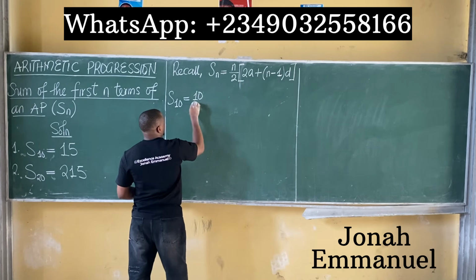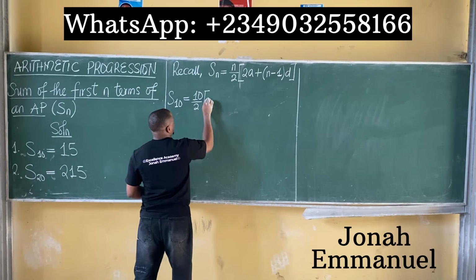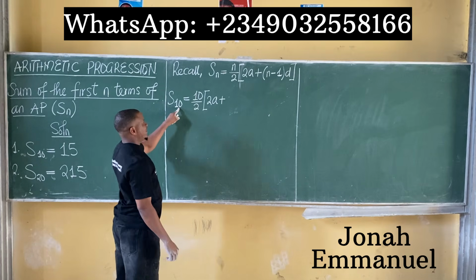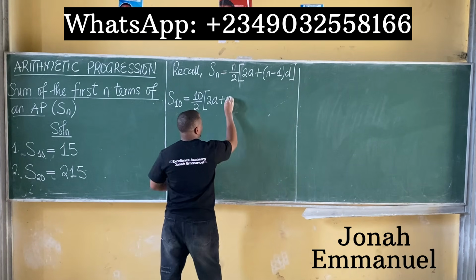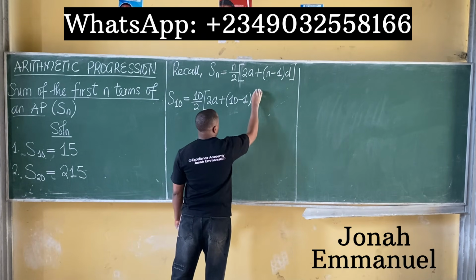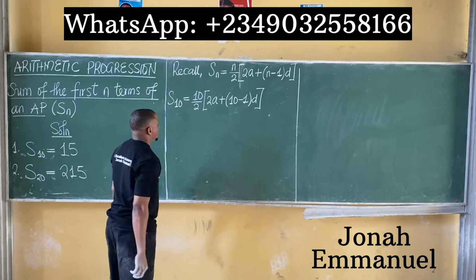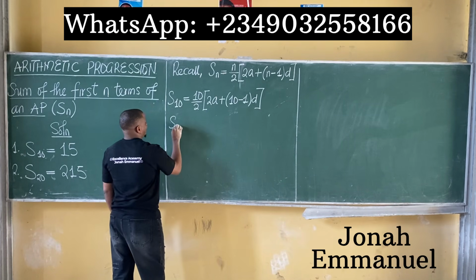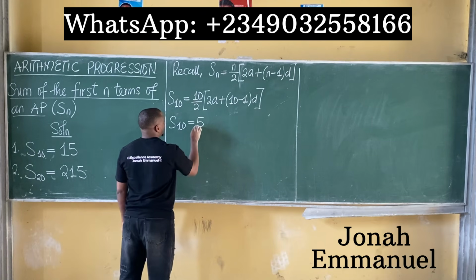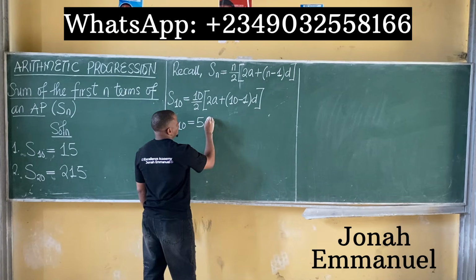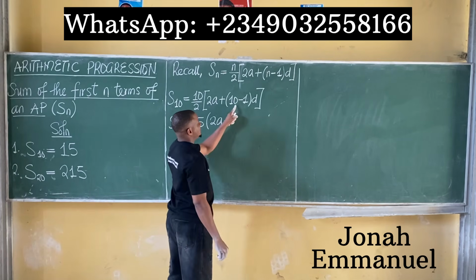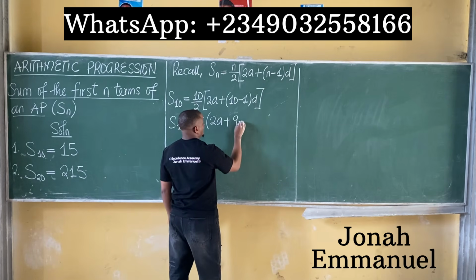So 10 over 2 into 2a, the value of a we don't have, plus, n is 10, so I place n here by 10, that becomes (10 minus 1) into d. Now we have the S10, sum of the first 10 terms. 10 over 2 gives you 5. 5 into 2a plus 10 minus 1 is 9, so 9d.